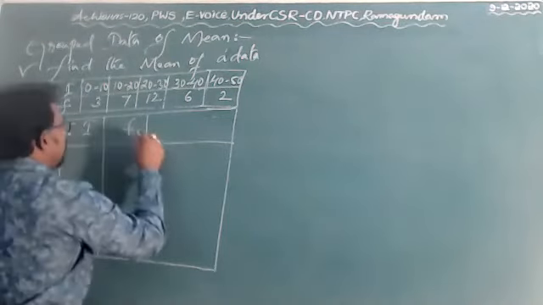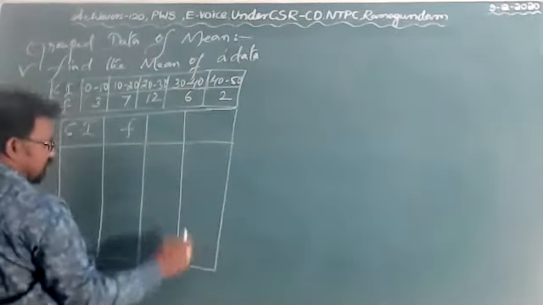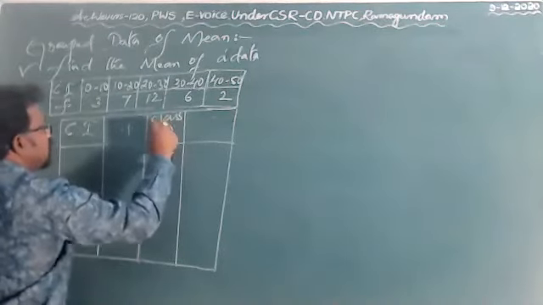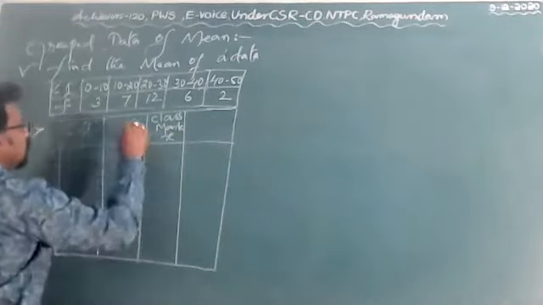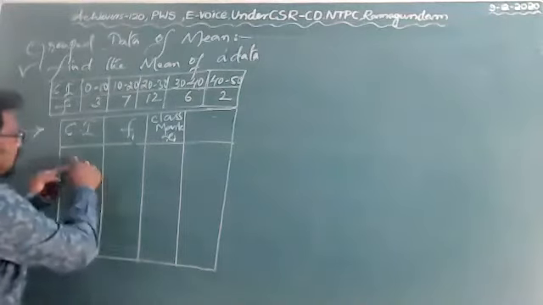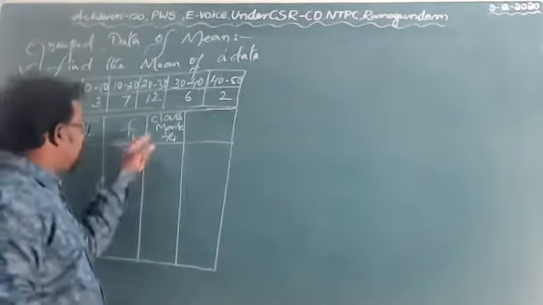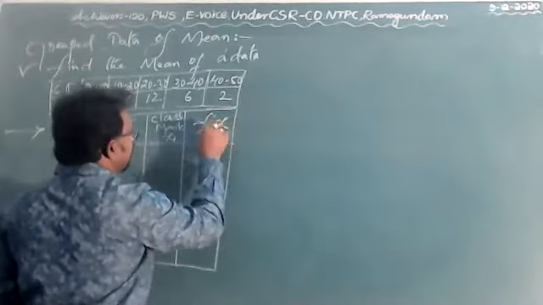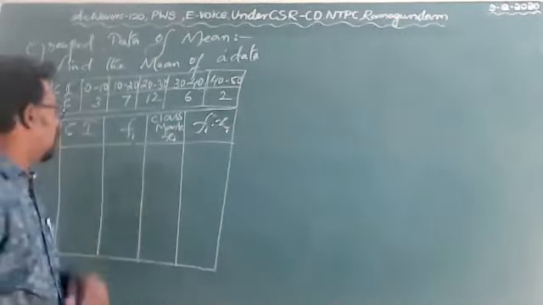Now we require one class mark, which is indicated with x. The i is nothing but imaginary, imagine in this row. And finally, fx, or f_i x_i, that is f into x.